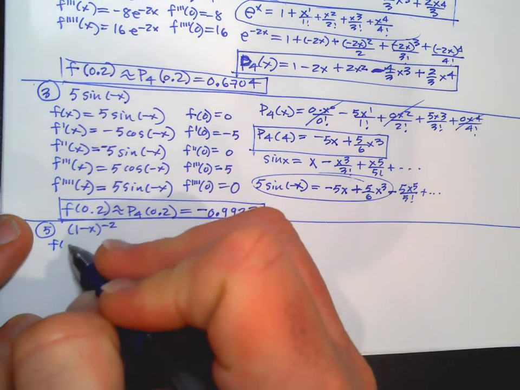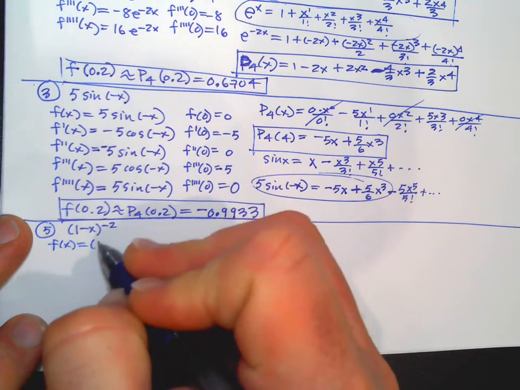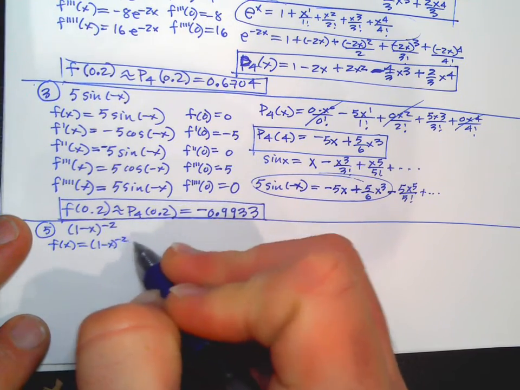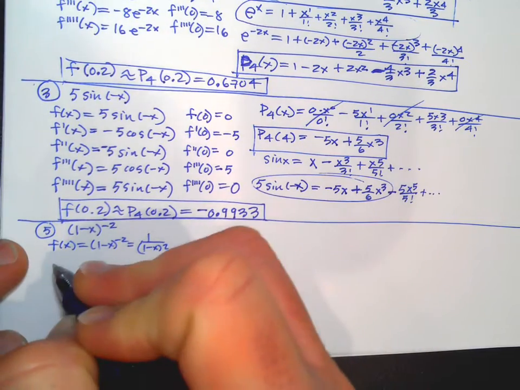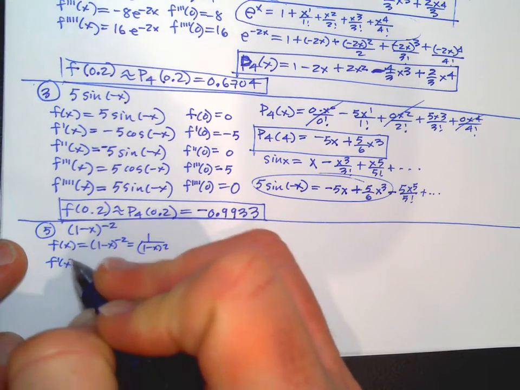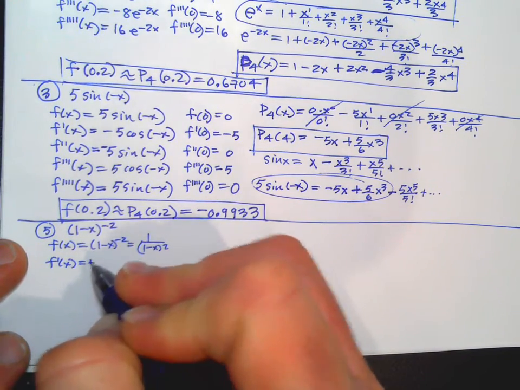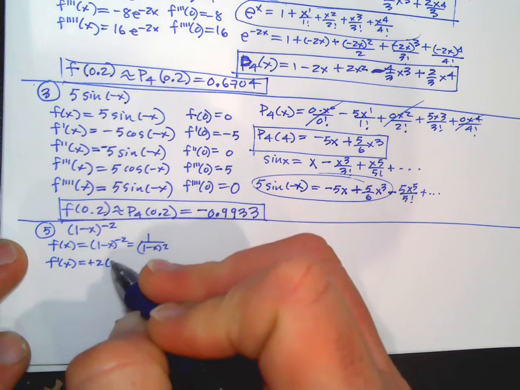So f of x equals 1 minus x to the negative 2, which I might rewrite as 1 over 1 minus x squared. And then the first derivative is negative 2. It's going to be positive 2 because the extra negative is going to pop out. Chain rule.